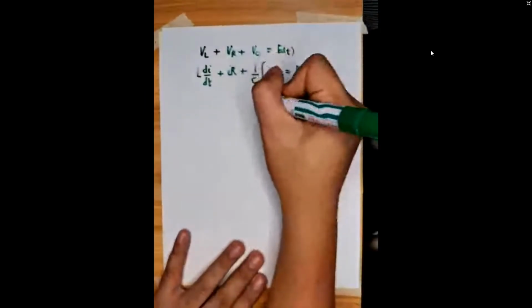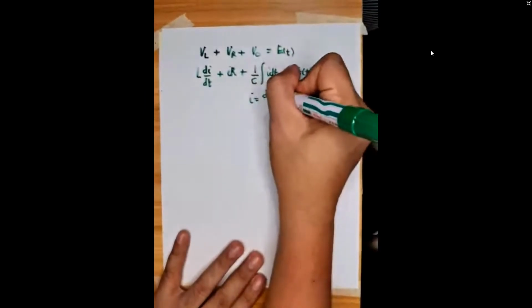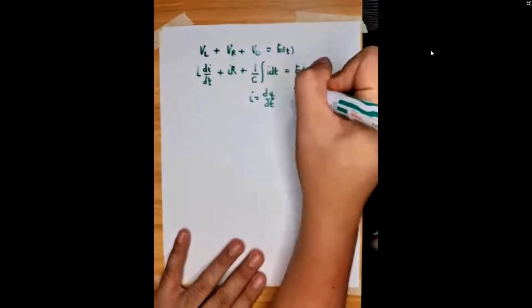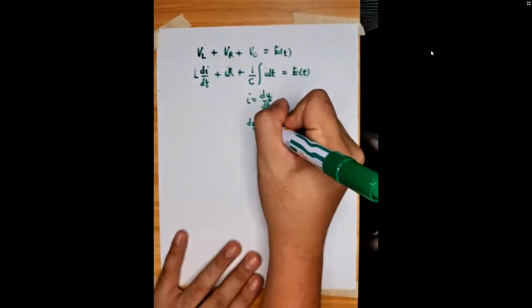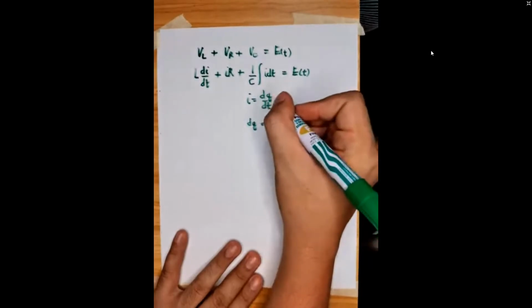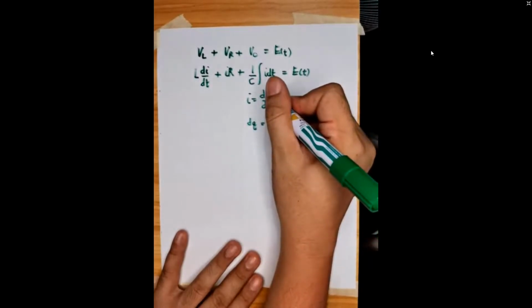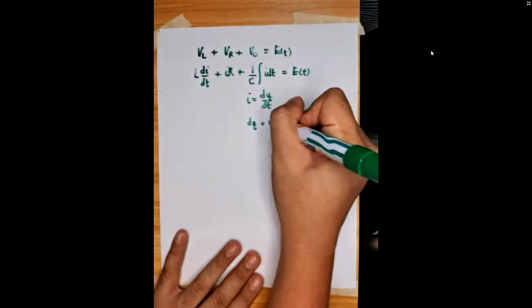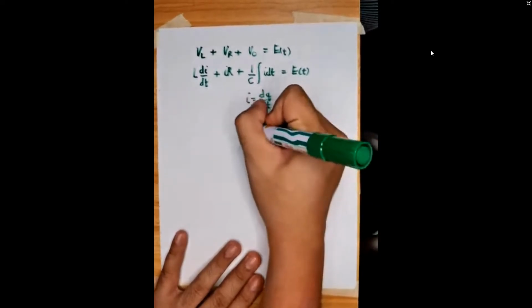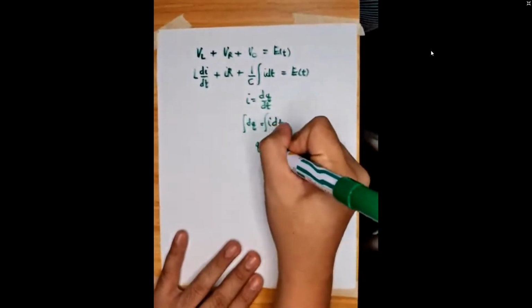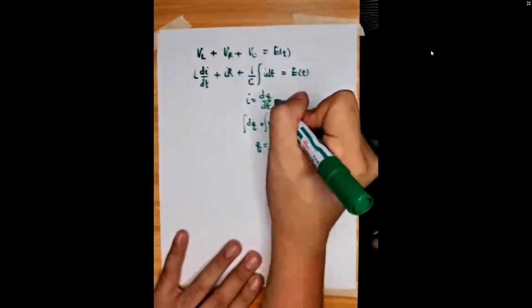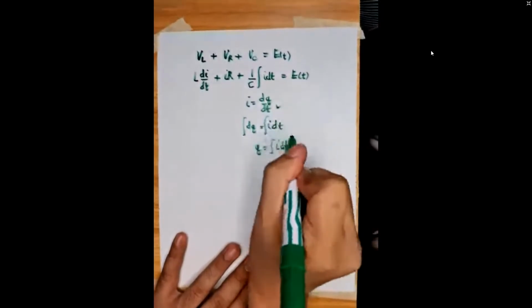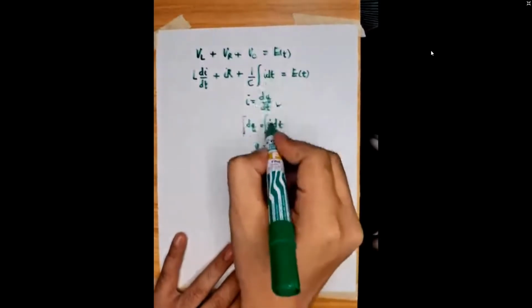Kaya di ba may formula tayo that I is equal to dq over dt, wherein dq is equal to I dt. So if you will get the integral, q is equal to the integral of I dt. And then we'll substitute this and this to the equation.